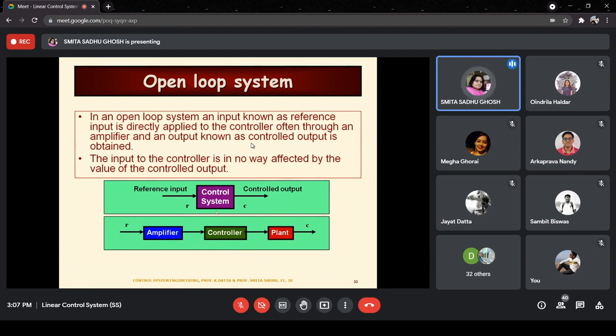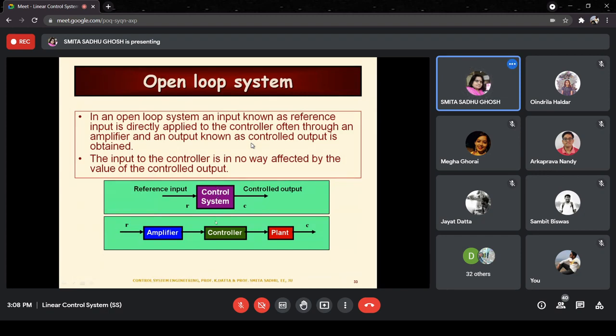In the top diagram, you find this whole block written as control system, and within this control system you would have your plant, your controller, amplifier, or any other component that you may have in the system, all taken together within this block, right?